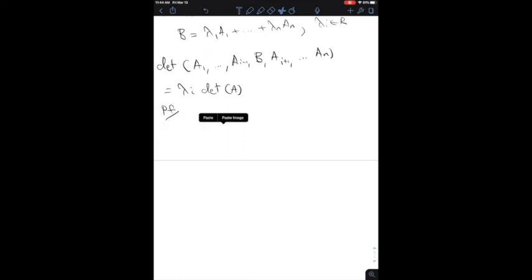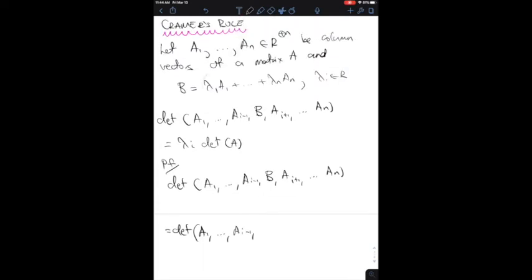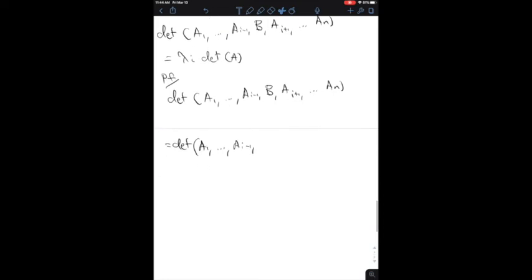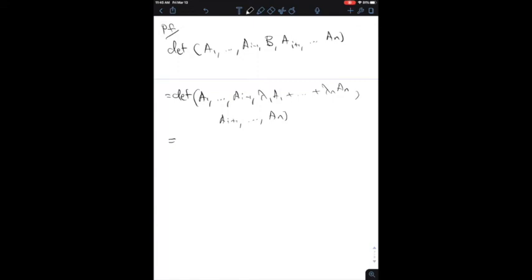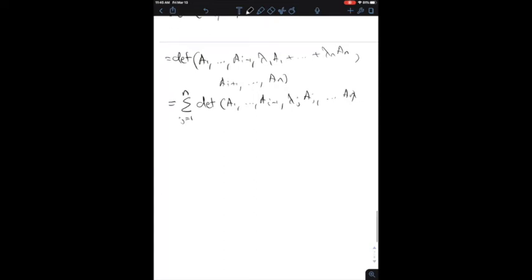Let's start with this entry. This is the determinant of A1, up to A_{i-1}. Now let's substitute in the formula for B. Using the multilinearity, this is a sum like this.